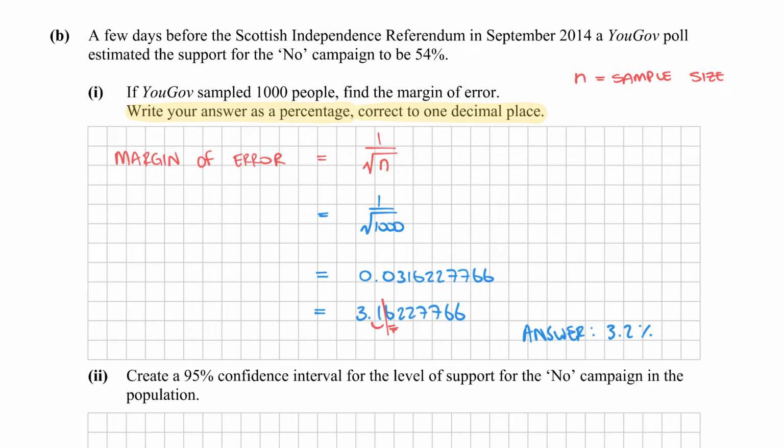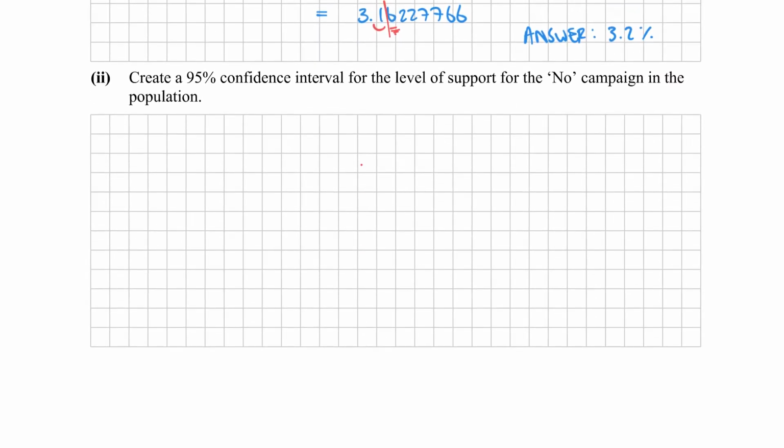So let's take the sample proportion, and the sample proportion is 54%. So p hat is equal to 54%. And what we're going to do to that is add the margin of error, 3.2, and subtract the margin of error. So how we're used to seeing this is p hat minus 1 over the square root of n, comma, p hat plus 1 over the square root of n.